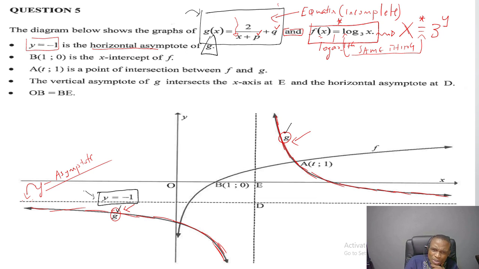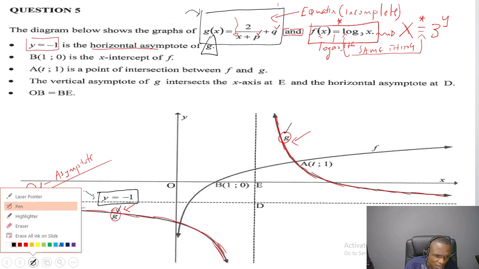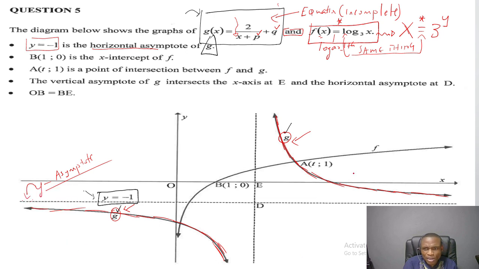Okay, but now I see why we can't even be confused. Let me teach my math very well. If you look at the function f, let me use the blue color here to highlight this function f.